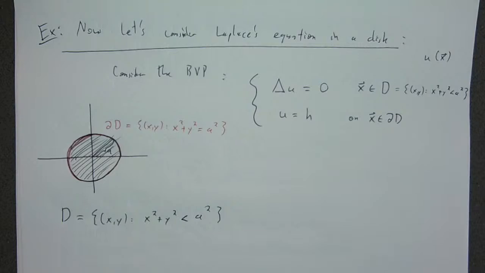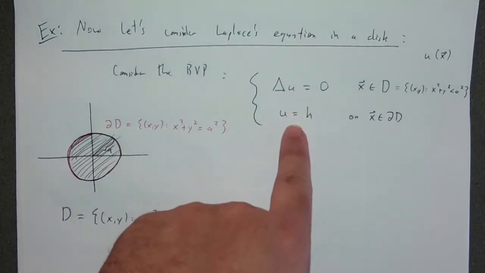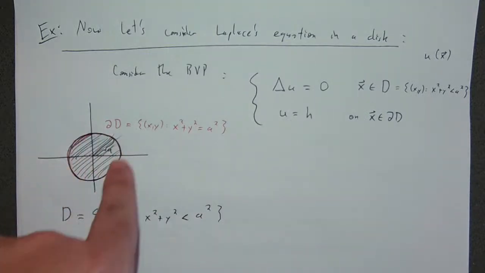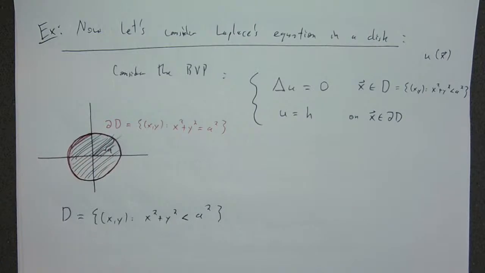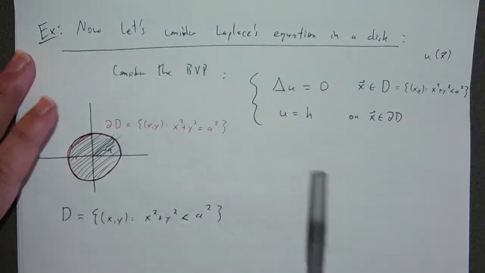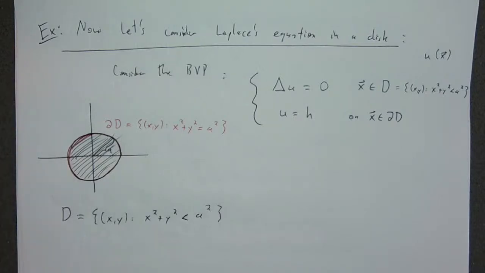Okay, so this is, again, a Dirichlet problem for Laplace's equation on the disk. So I have a prescribed function, my data function, on the boundary, on this circle. In the interior of the circle, I seek a function that is that prescribed function on the boundary and whose Laplacian is 0 inside.